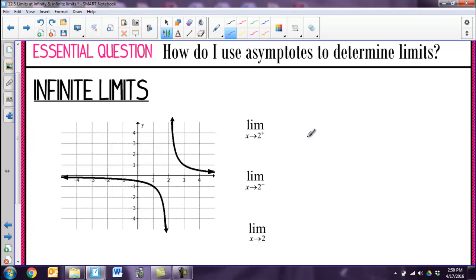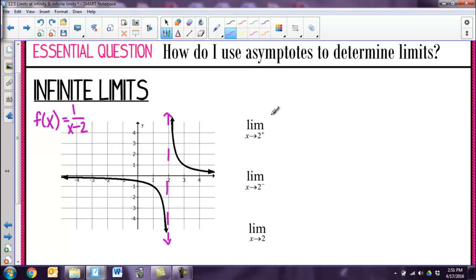So this graph is actually my rational parent function shifted over to the right by 2. And so I know I have that vertical asymptote at x equals 2. And normally that's an unbounded limit, so I couldn't do anything there. However, I can look at either side and say what the graph is approaching as I'm coming from the right side or as I'm coming from the left side.